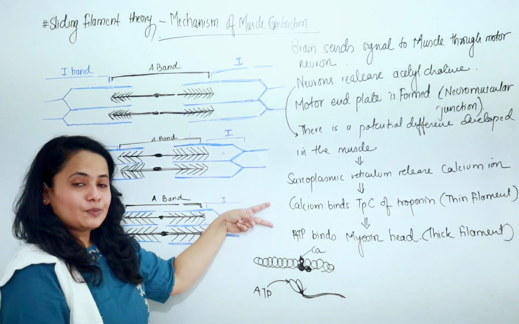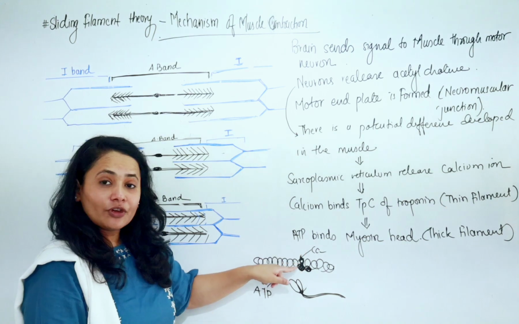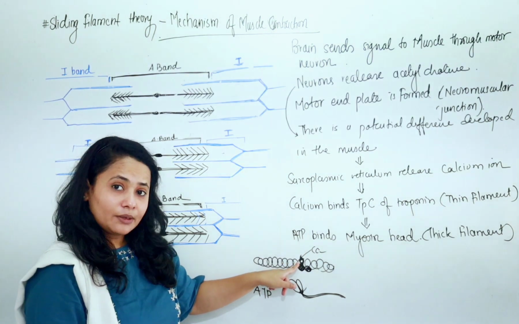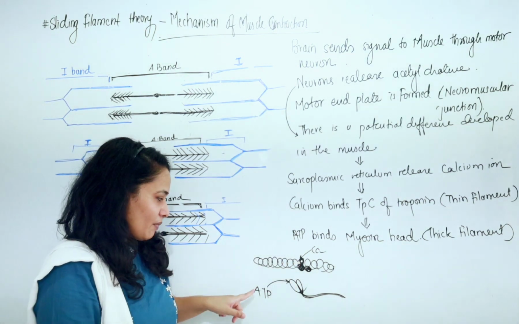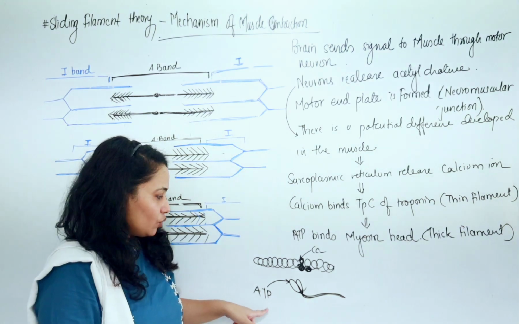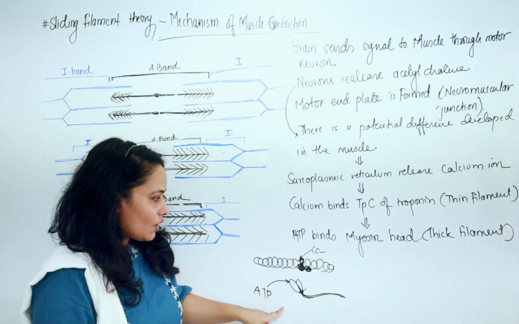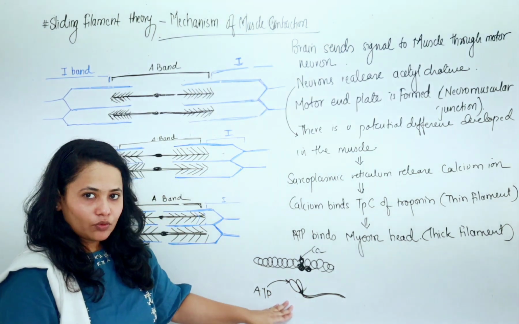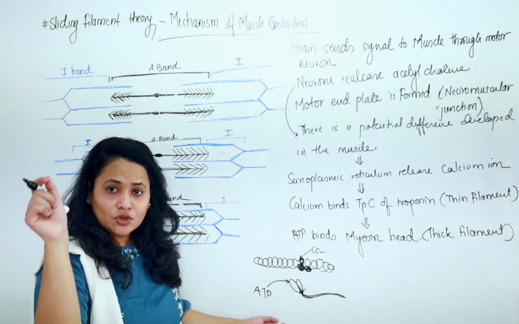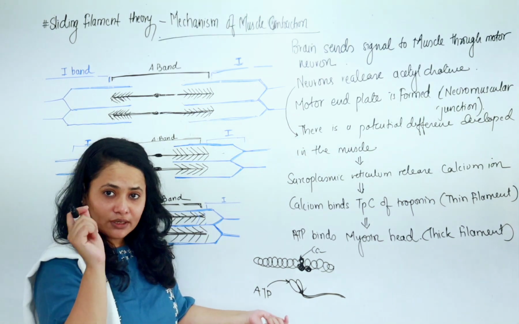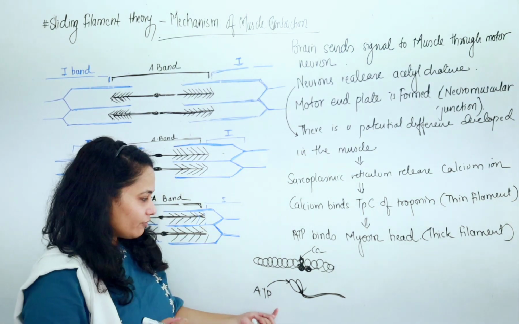This is the point I am explaining: calcium will bind to the actin filament's TnC, and ATP will bind to the myosin filament. As soon as ATP binds here, there is a very clear circular diagram given in your NCERT textbook, which we will see again after this.